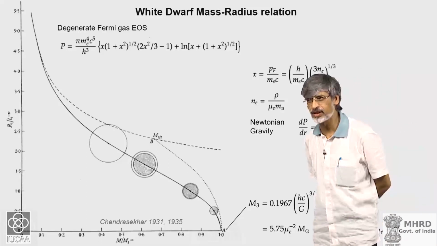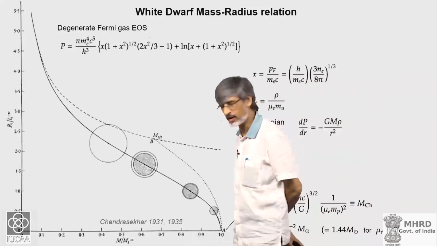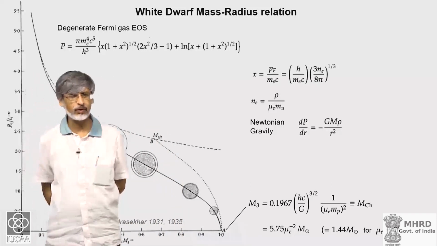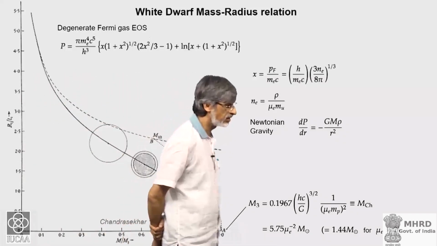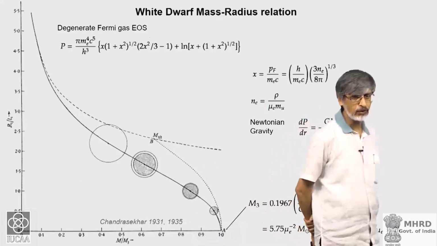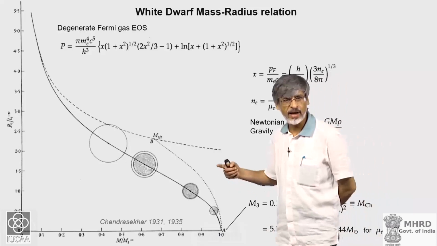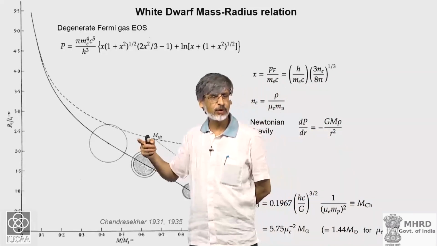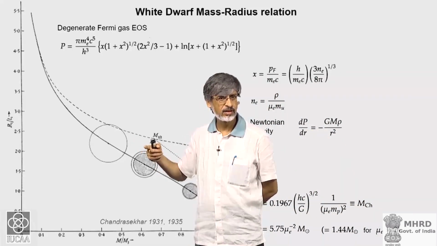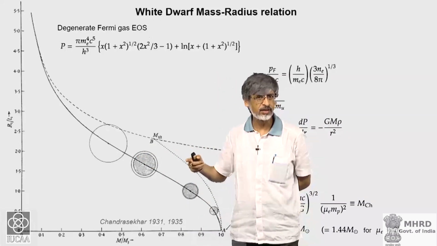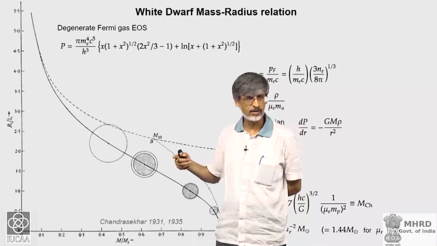The heavier iron ball is bigger in size than the lighter iron ball, whereas in case of a white dwarf, a heavier white dwarf is smaller in size than a lighter white dwarf. So, as the mass of the white dwarf increases, it gets smaller and smaller. The density in the center rises dramatically.